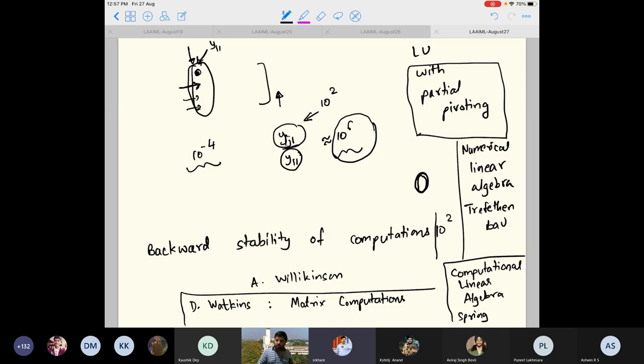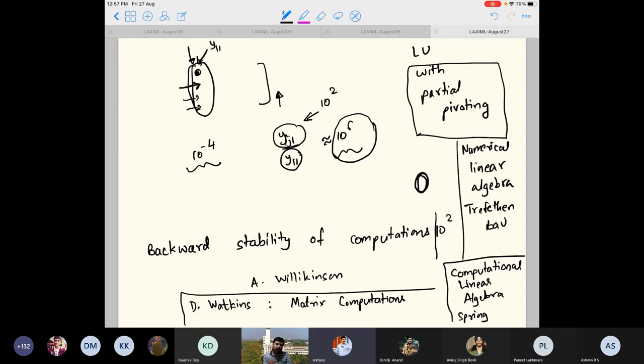Okay, so this is also one of the classic texts. An amazing textbook about these computational problems arising in numerical linear algebra. So most of the lecture today is based on the material that I took from the book Numerical Linear Algebra by Trefethen and Bau. Okay, so this is published by SIAM. This is an old book but a wonderful book.